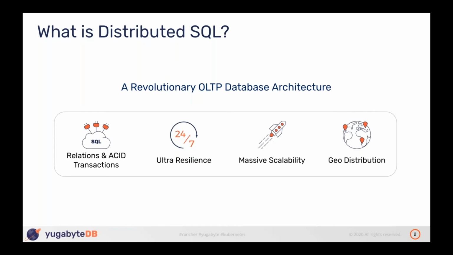So what does distributed actually mean? Distributed means that a single logical SQL database is now powered by multiple nodes in a cluster. And irrespective of however many nodes are in the cluster, there is that single logical SQL database. The benefits to the application developer are threefold.